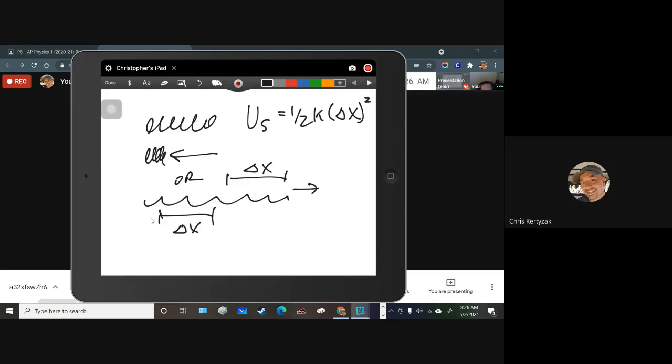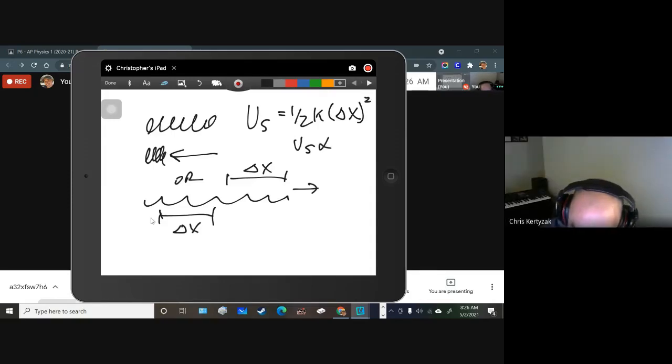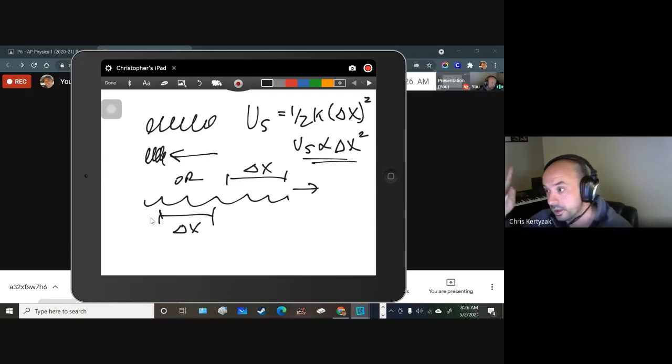Right. Note, most worthy note, in my opinion at least, is not k. The most worthy note is that the potential energy in the spring is proportional to the distance you stretch or compress it squared. So it means if you compress it twice as much, you actually store 2 squared, 4 times as much energy.